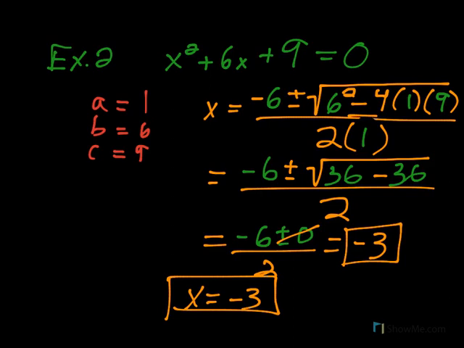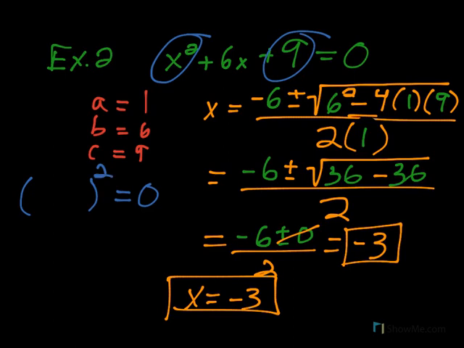If you have this problem, this is why it's very important that you start seeing things right away. This is a perfect square trinomial. Look at this. This is a perfect square term, and this is a perfect square term. So if I were to factor this, I could just open two parentheses on the side, set this equal to 0, and this is squared because it's a perfect square trinomial.